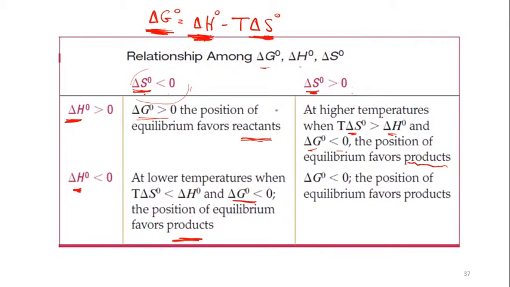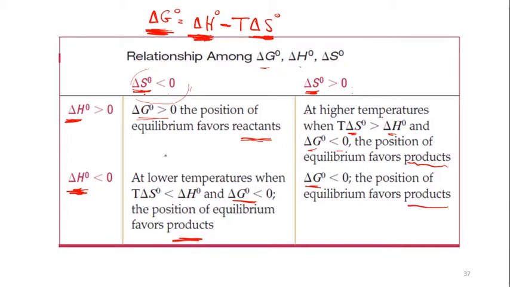If I have entropy larger than 0 and my enthalpy less than 0, the entropy term would give me a negative contribution to the Gibbs free energy, so my delta G would be less than 0, and the position of my equilibrium would be favored toward the product.